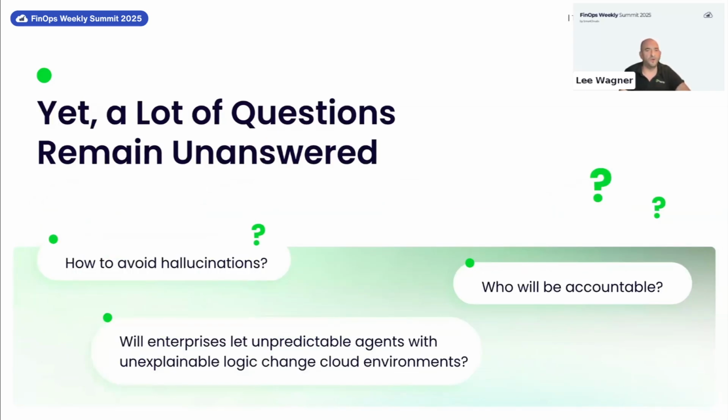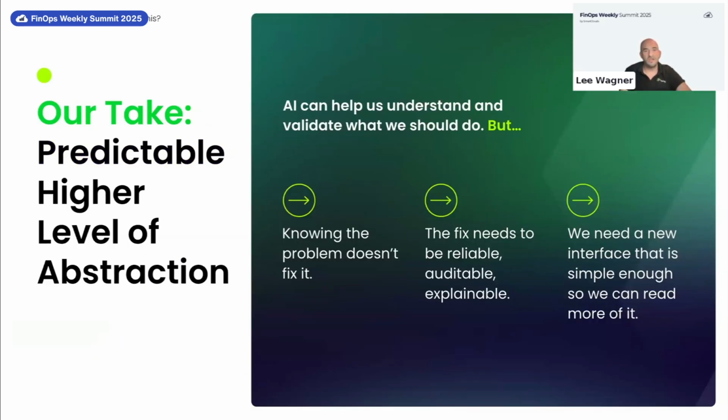But yet there will be a lot of remaining questions. We all know that there's hallucinations, and so how do we actually deal with that? I think what it can actually help us do goes back to some of the early days of FinOps, which is visibility and knowing the problem.